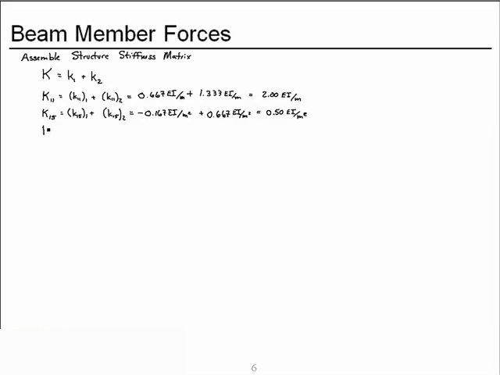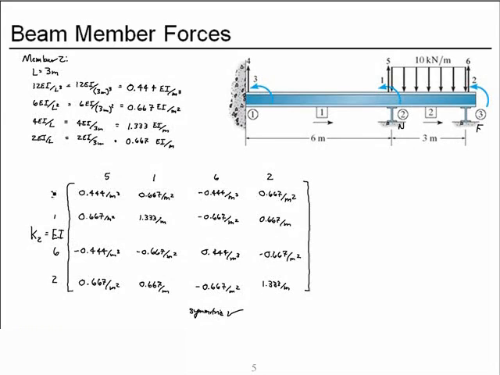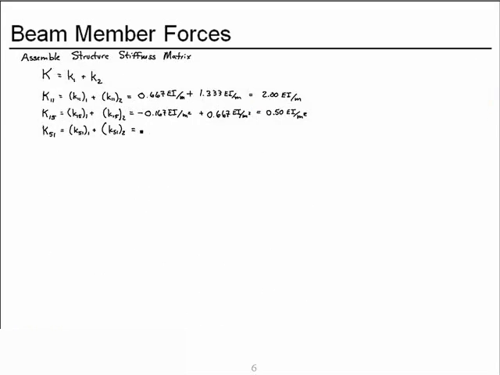And how about going the other way? Coefficient 5,1. Force generated at degree of freedom 5 due to deformation at degree of freedom 1. We add the coefficients from each of the two members, which are from member 1, row 5, column 1, this coefficient, and from member 2, row 5, column 1, this coefficient.